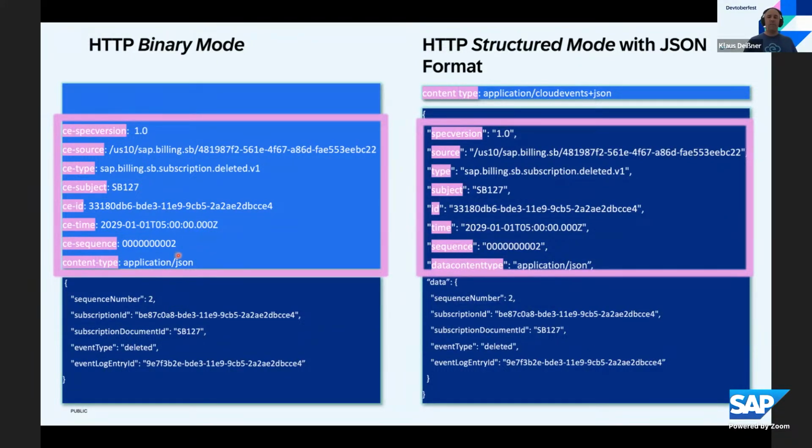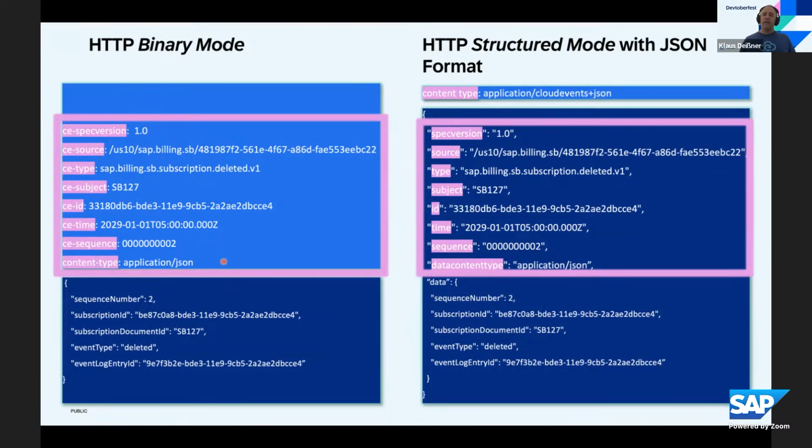And on the other side, there is the structured mode, where we have JSON. In this case, we have different formats that can be used for structured modes. JSON again is very widely spread, but there are also Avro and protobuf.